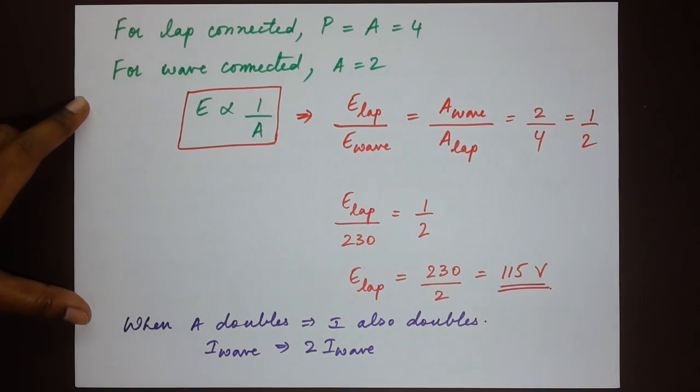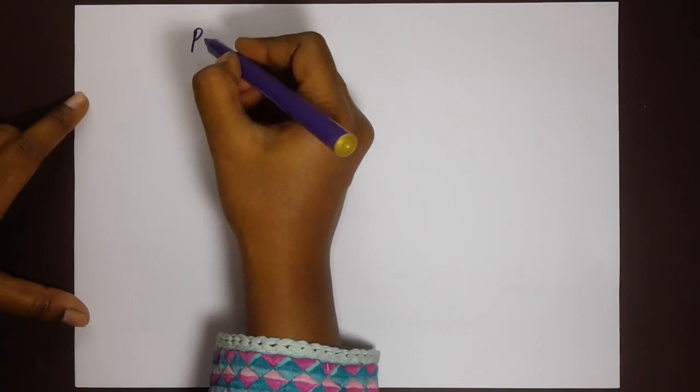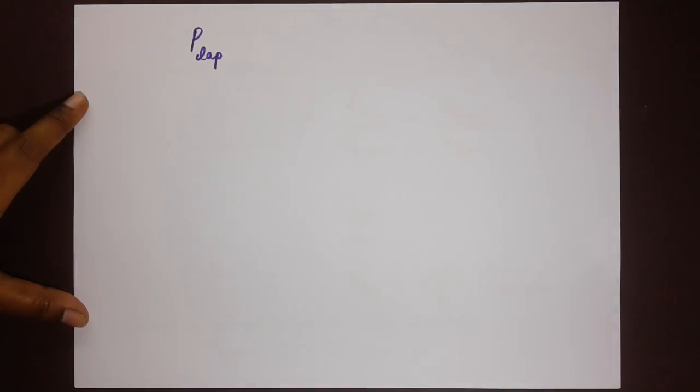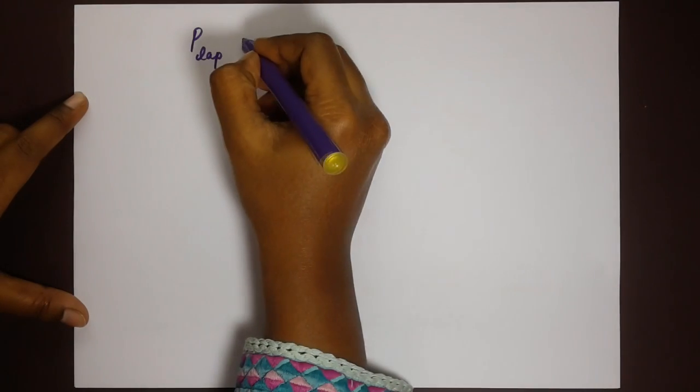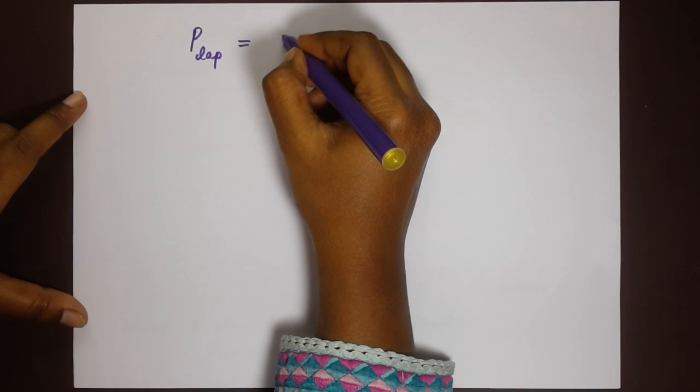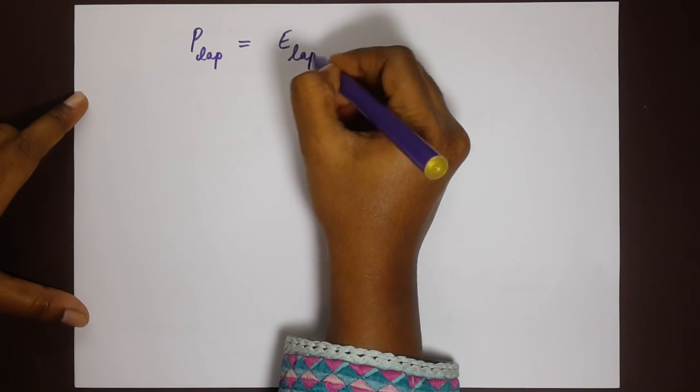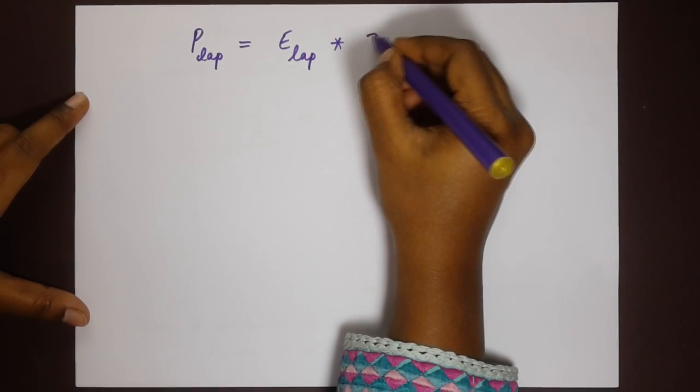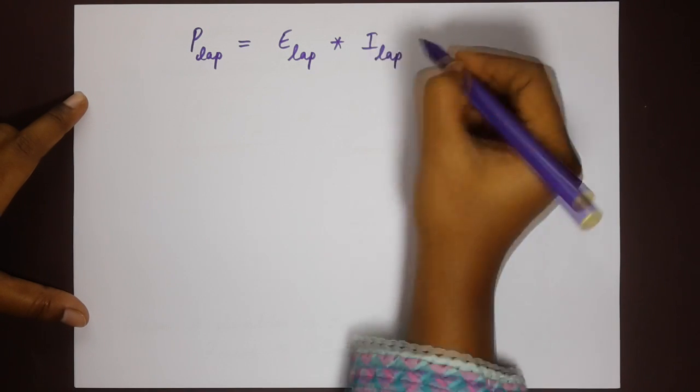Now let's calculate the power for lap winding. The power when the machine is connected in lap winding would be equal to the rated voltage of lap winding into the current of lap winding.